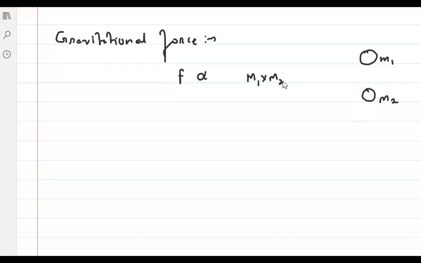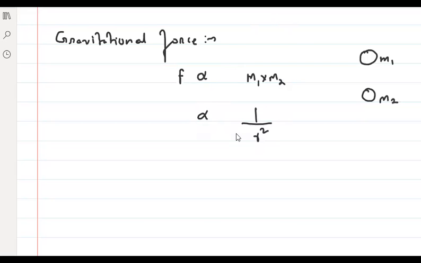Now, if we have two objects of mass m1 and m2, according to Newton, the gravitational force between them is directly proportional to their masses. Obviously, the heavier the object, the more the force. And the second thing he said was that it is inversely proportional to the square of the distance between them.